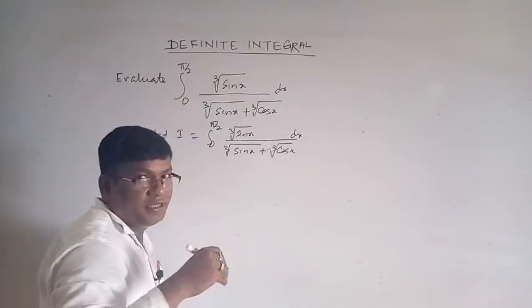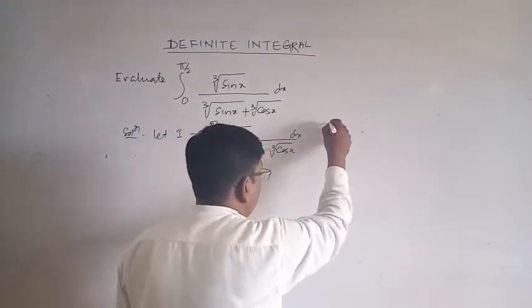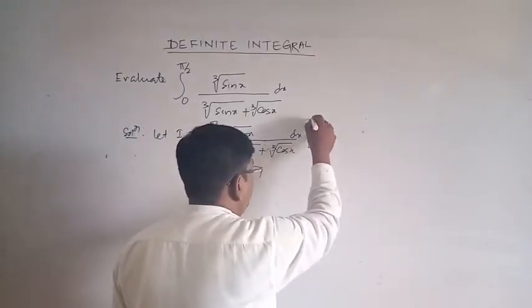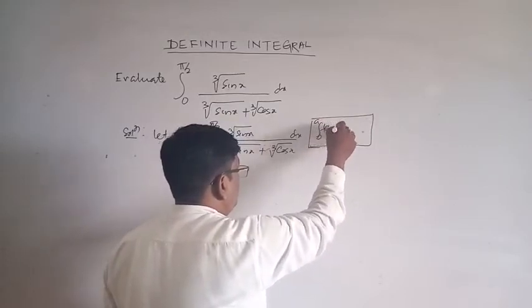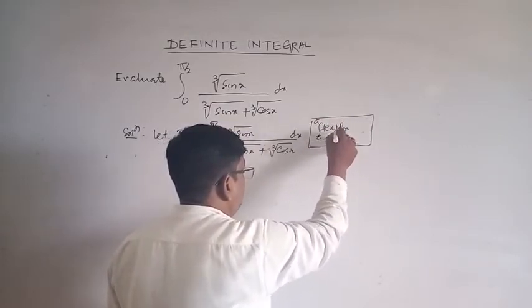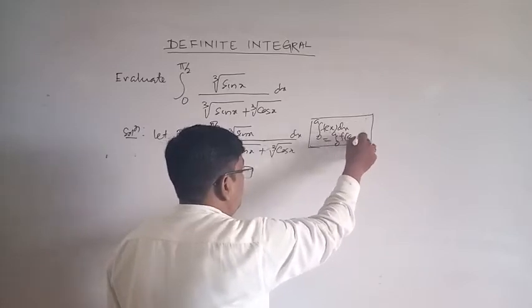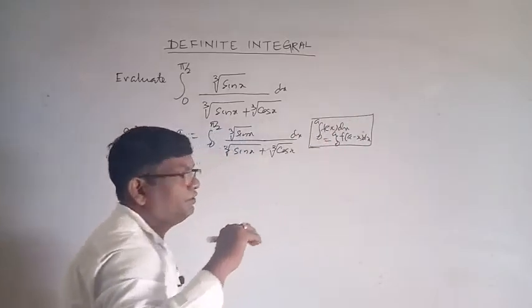What is the property here? The property is that the integral from 0 to a of f of x dx is equal to the integral from 0 to a of f of a minus x dx. Use this property.